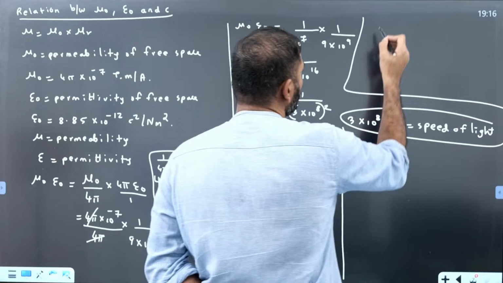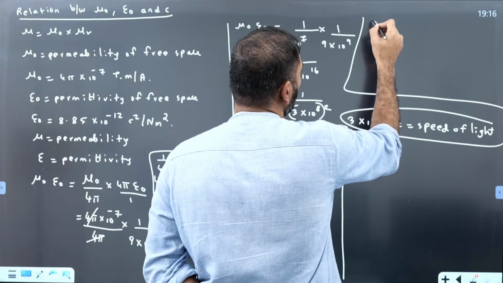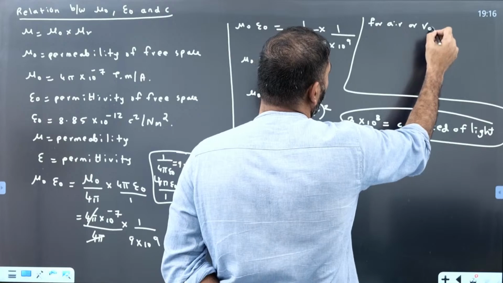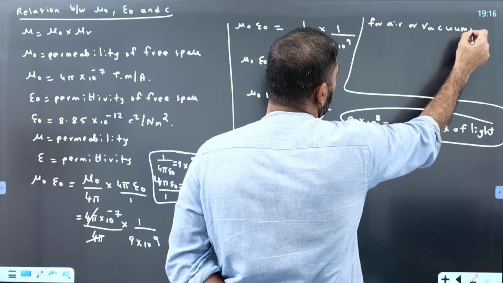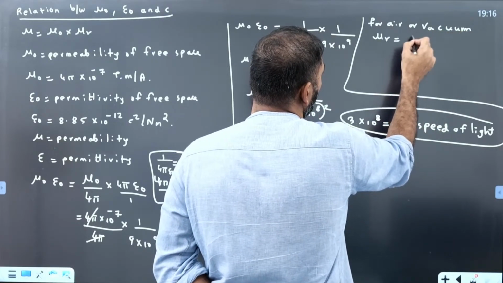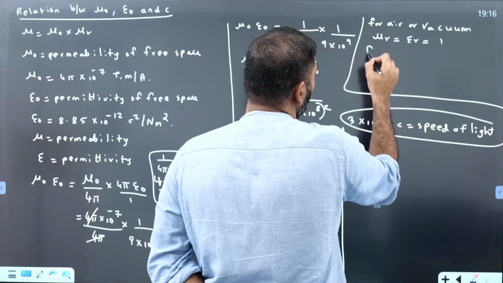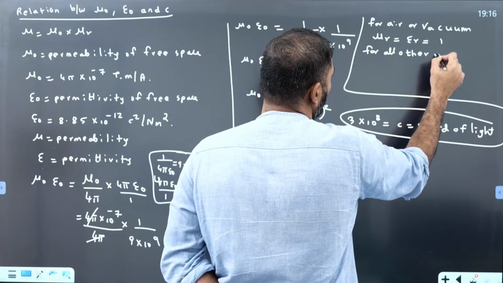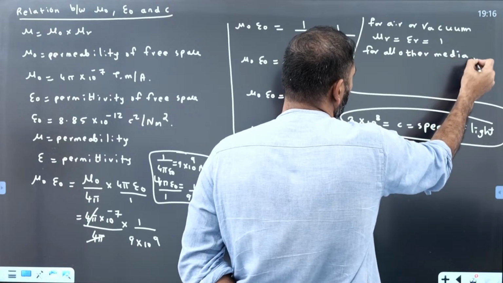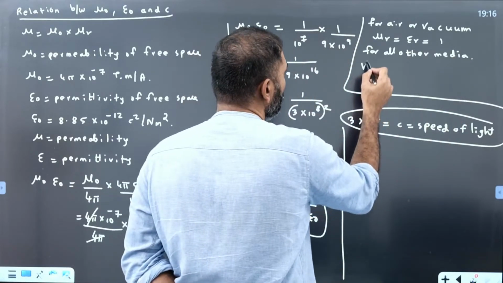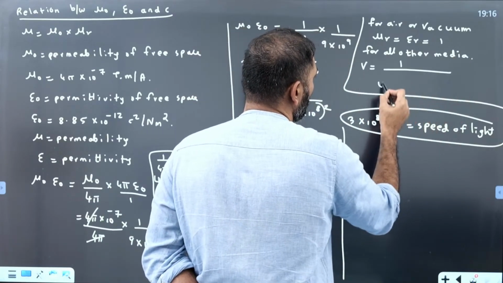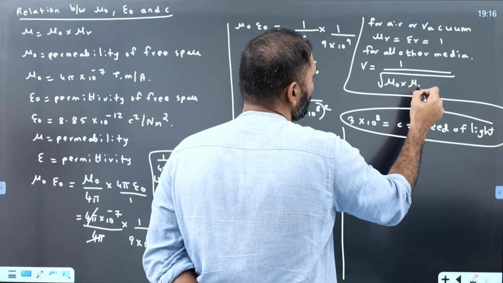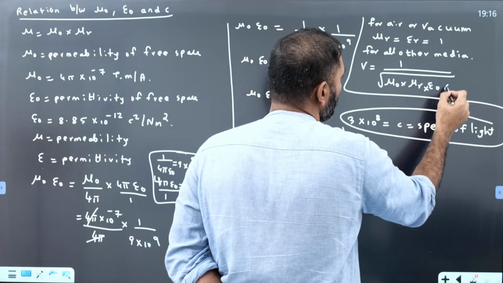See, this is the case when we are discussing about air or vacuum. For air or vacuum, mu r equal to epsilon r equal to 1. For all other media, what should be your formula? V is equal to 1 by root mu 0 mu r into epsilon 0 epsilon r.